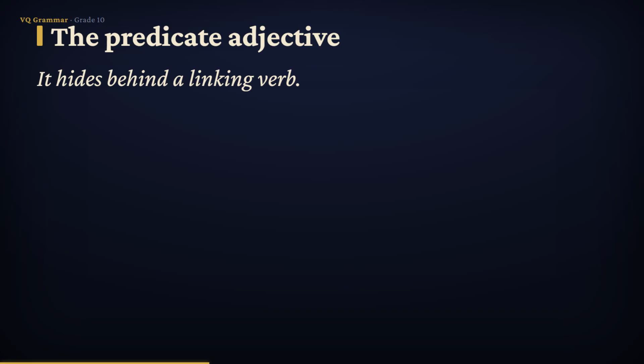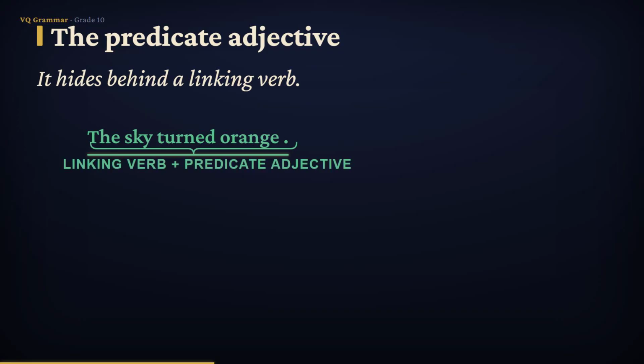Look at this one. The sky turned orange. Turned is a linking verb here. It isn't an action at all. It's a bridge. And what does that bridge carry back to the subject? The word orange. That is what we call a predicate adjective. It follows a linking verb and it describes the subject.